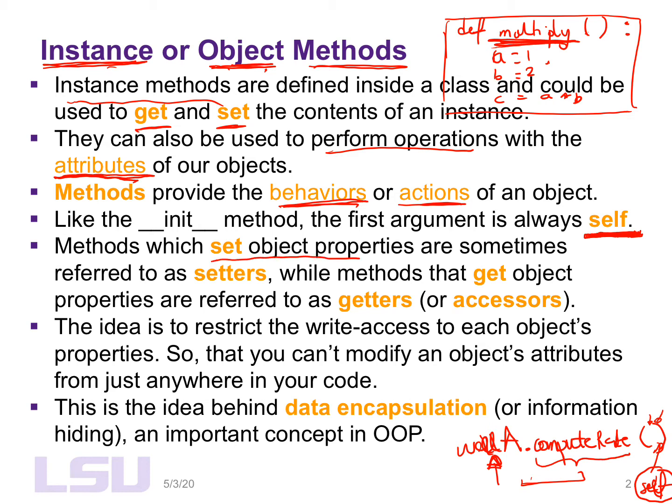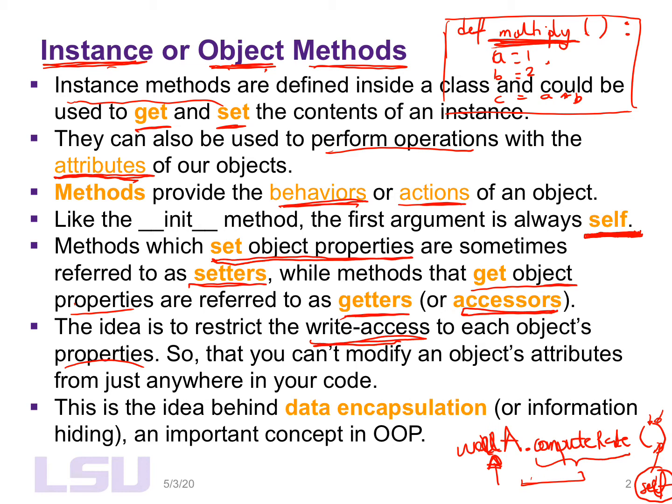Methods that set object properties are sometimes referred to as setters, because you use them to set the attributes of the object, while methods that get object properties are also referred to as getters or accessors, because that's what you use to access the properties, the characteristics, attributes stored within those objects. And the idea why we do that is so that we can restrict write access to each object's properties.